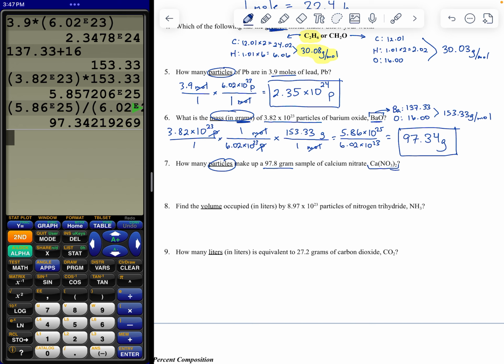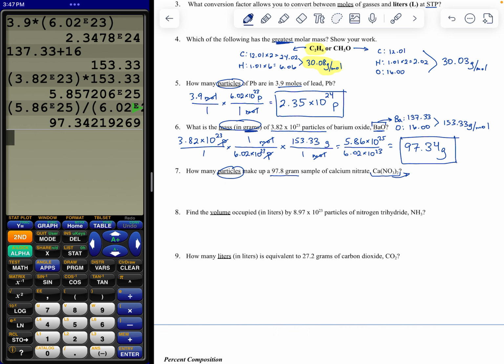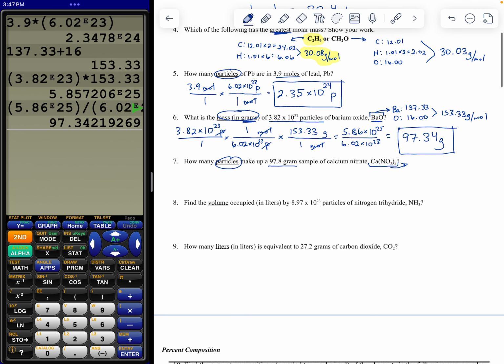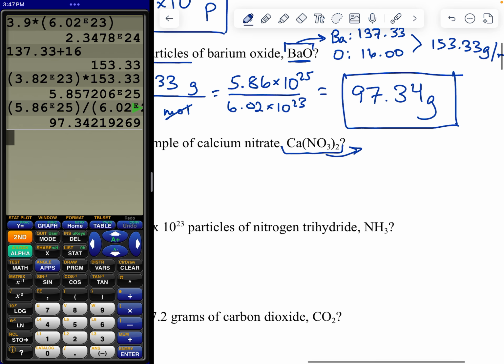Sample of, and in this case, because we see that word gram, we immediately want to refer to the periodic table to calculate the molar mass, because that's how we're going to be able to convert grams to moles in this case to get to particles, right? Counting by weighing. So we need to know what the equivalent mass is equal to 1 mole of this substance right here, calcium nitrate.